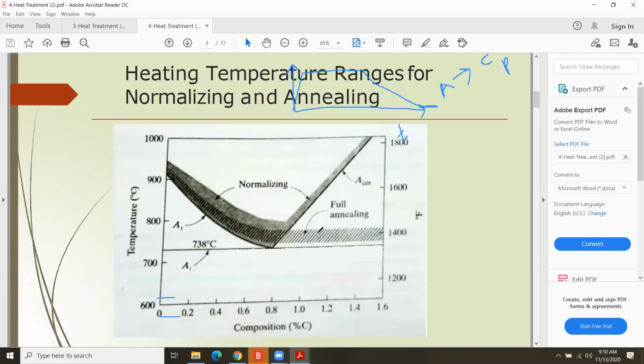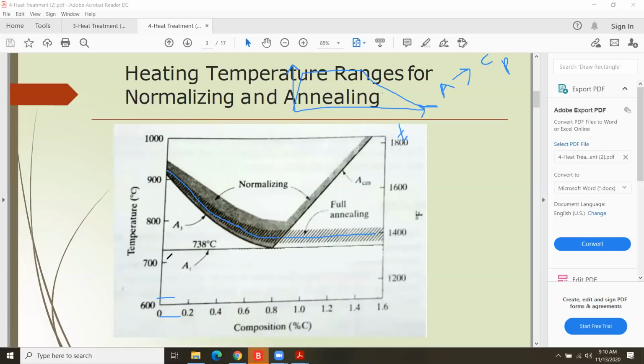But full annealing means this temperature line. Above this lower critical temperature line, right? So full annealing can be done in this temperature range.